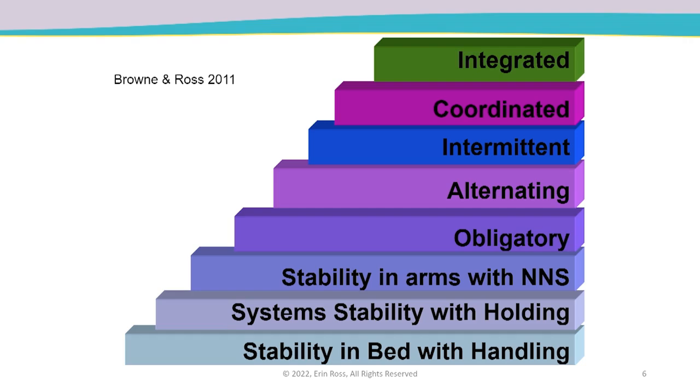So we're going to start this talk with the first feeding step, and that is obligatory. Obligatory is the name of the first feeding step that we have identified in this model. Okay, so it's really important to remember that the first step is stability in bed with handling.